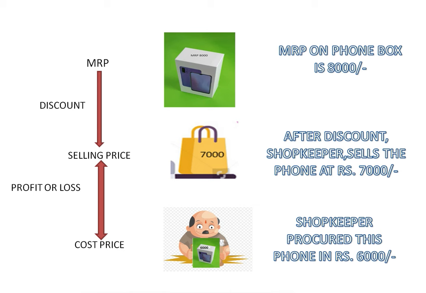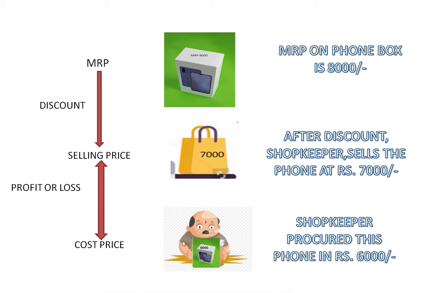So we will summarize the MRP, selling price and cost price. The MRP of this mobile phone was 8,000. While selling the item, some discount was offered by the shopkeeper, and the selling price is 7,000. That means a discount of 1,000 was offered by the shopkeeper.